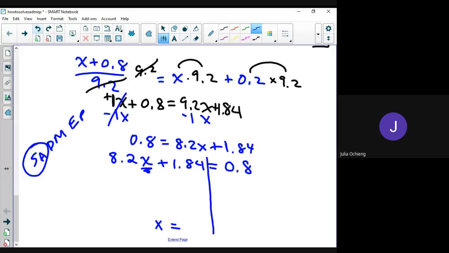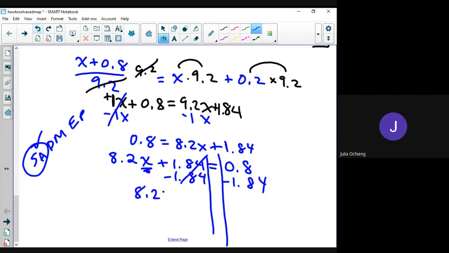So to do that, I'm going to want to get rid of the plus 1.84 by subtracting it on both sides. Okay. So I get rid of the plus 1.84 first. That's adding and subtracting. By subtracting it on both sides, I get 8.2x on one side.